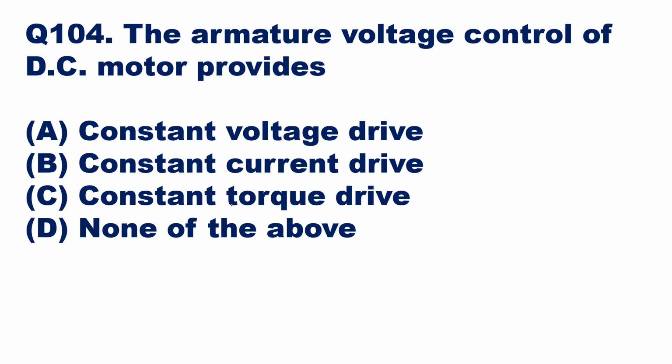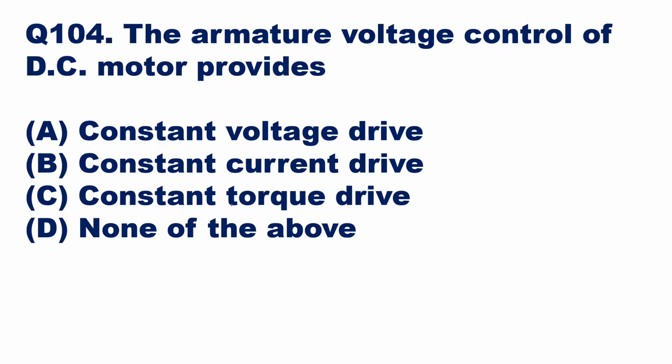Then we'll go to question number 104. The armature voltage control of DC motor provides what? Option A is constant voltage drive, constant current drive, constant torque drive, or none of them. When we studied armature voltage control of DC motor, we have seen that it is a constant torque drive.